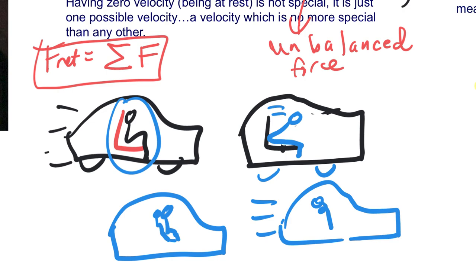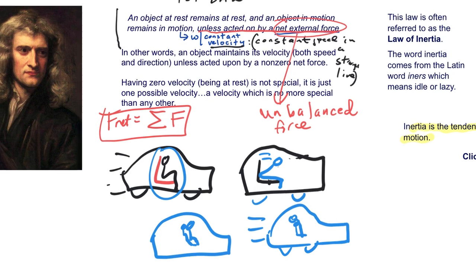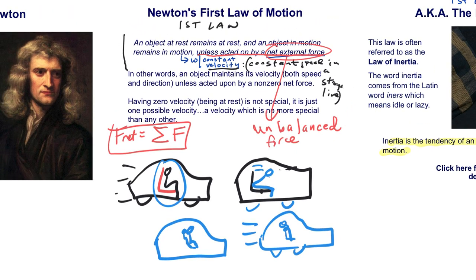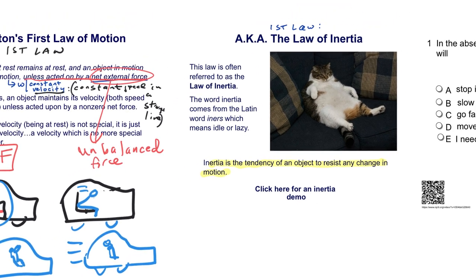If the car suddenly lurches forward, your head, which is not connected to a seat because the headrest is too low, will remain at rest while the rest of your body, which has a net force on it, will move with the car. You might break your neck or get severe neck injury if that happens. Okay, it's just an example of the first law of motion as applied to riding in a car.